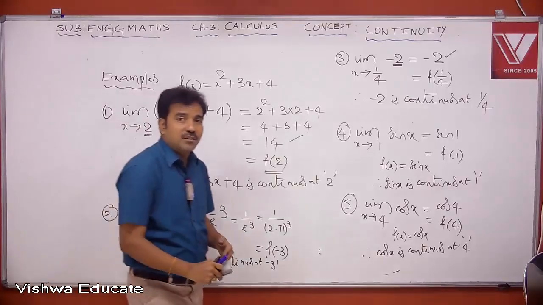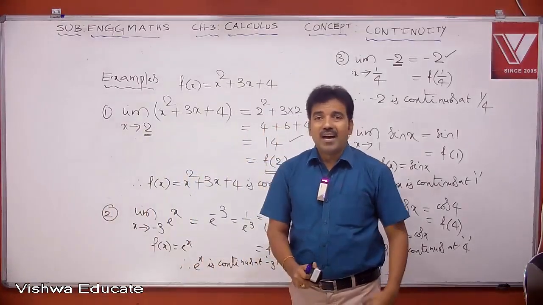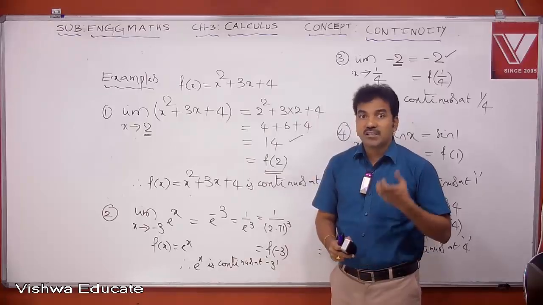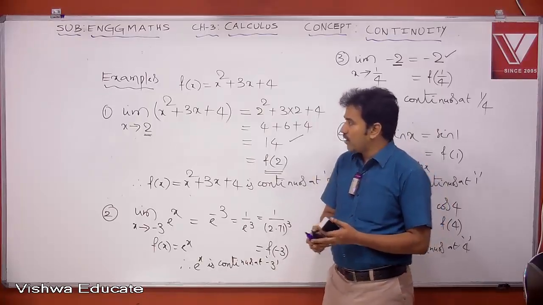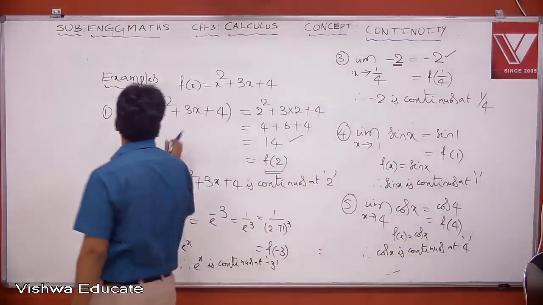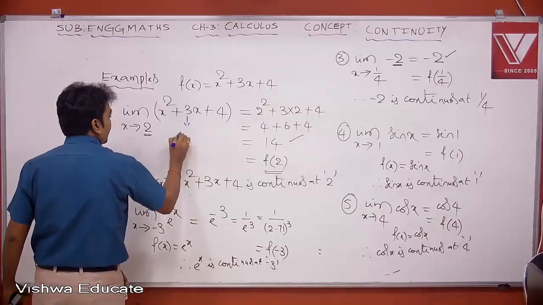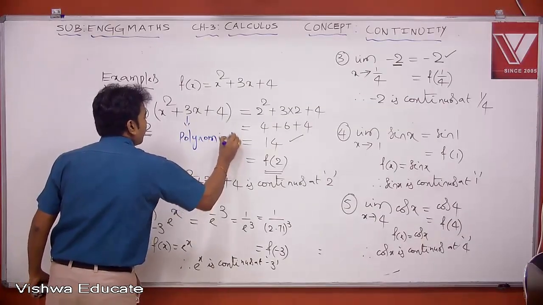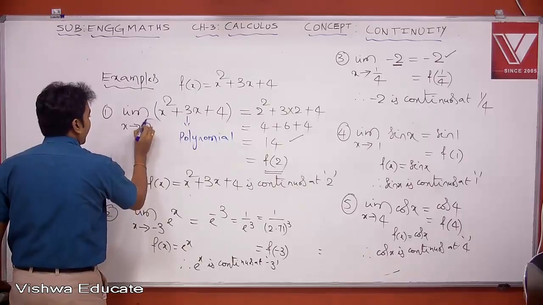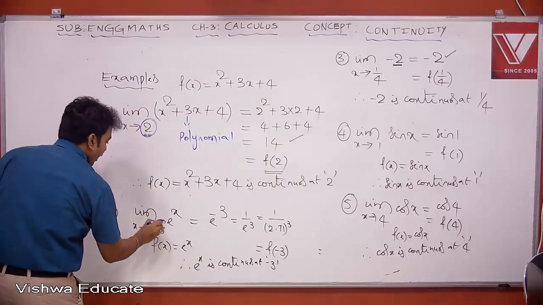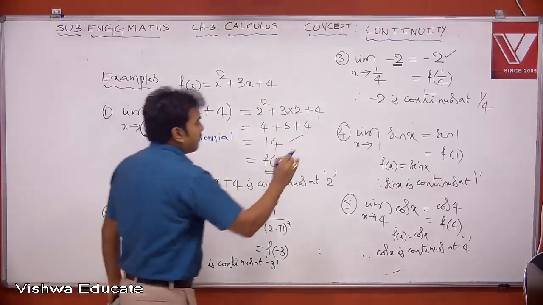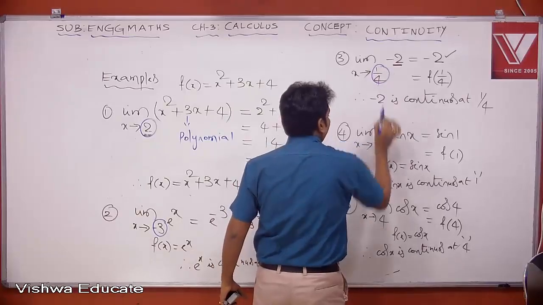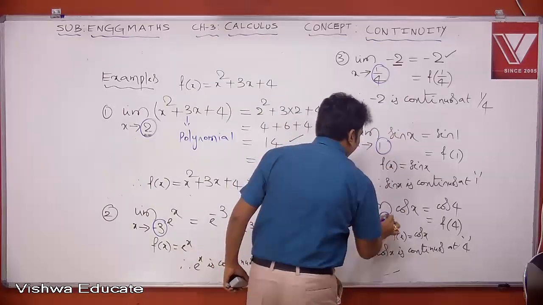Whatever examples we have seen till now are all very basic examples. To show the variation from example to example, I have calculated limits of these functions at different points. In the first case, we have seen the limit of a polynomial expression, and we got the limit at 2. Then the limit value at minus 3, at 4, at 1, and at 4.